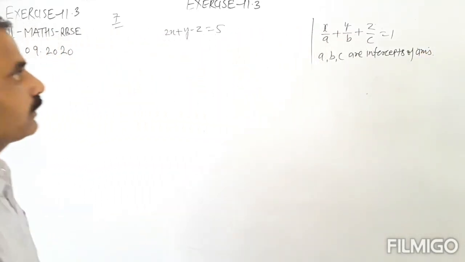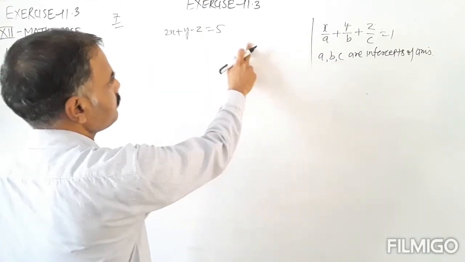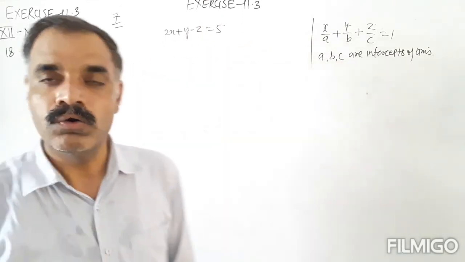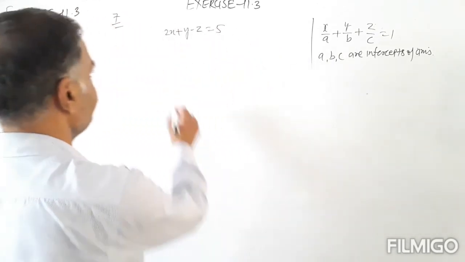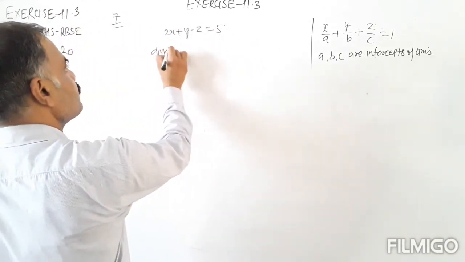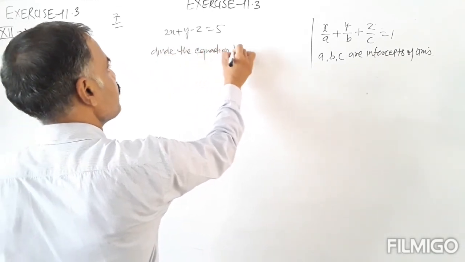Okay, so converting this equation in that form, divide whole of the equation by 5.